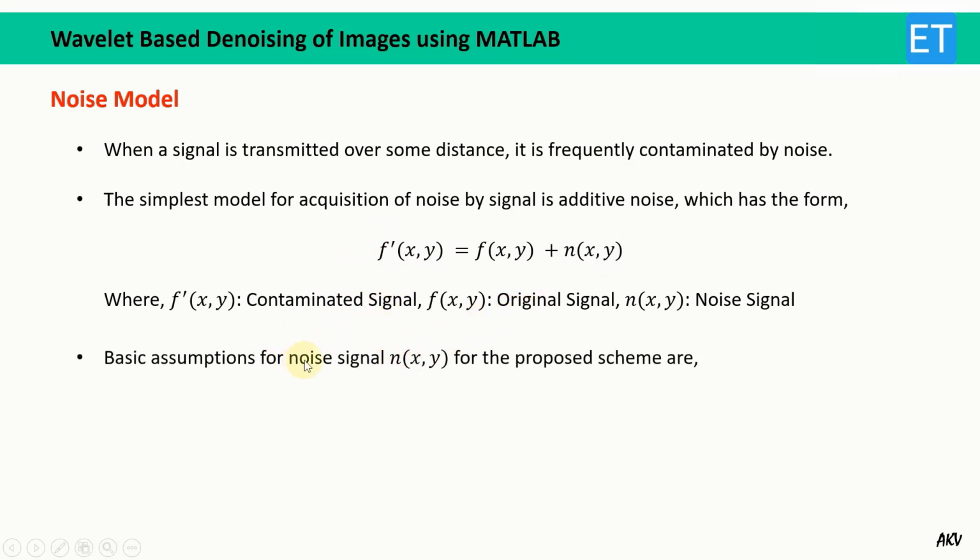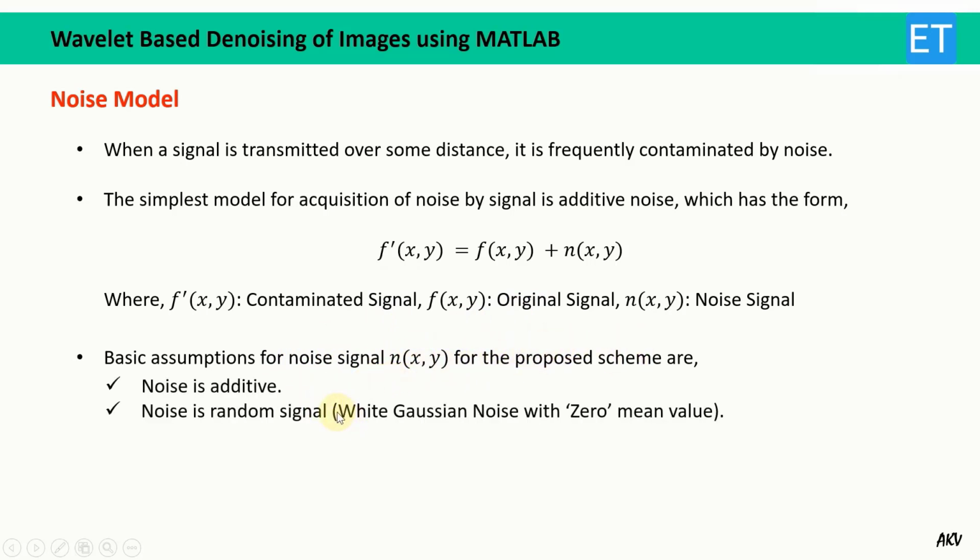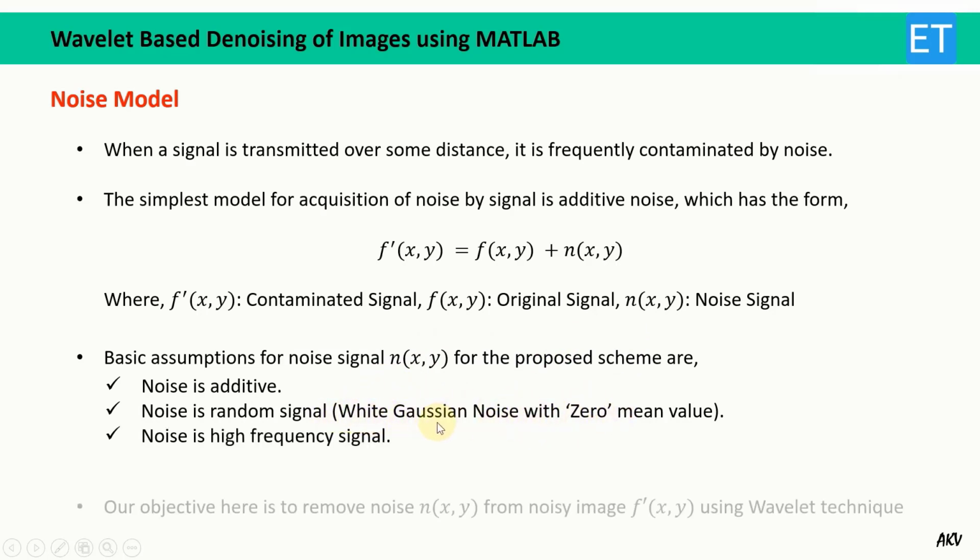The basic assumptions for the noise signal n(x,y) for the proposed scheme are that it is additive in nature, and it is white Gaussian noise with a zero mean value, and it is a high frequency signal. So our objective here is to remove this noise n(x,y) from the image f-hat(x,y) using the wavelet technique.